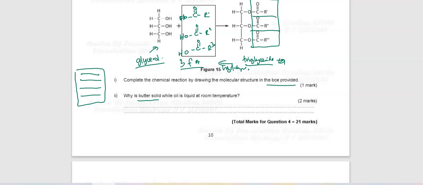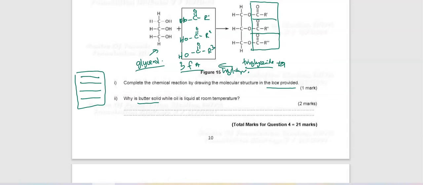Whereas for fat that is in liquid form, which is unsaturated fat, unsaturated fat consists of unsaturated fatty acid, where in the structure of unsaturated fatty acid it has double bond between the carbon. So it causes the fatty acid molecule to be bent.